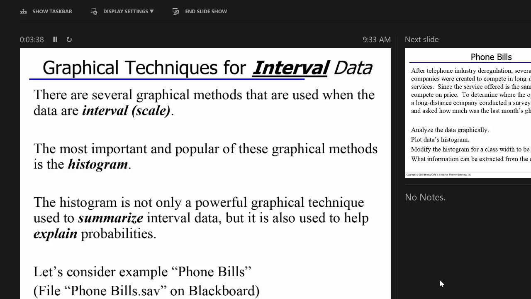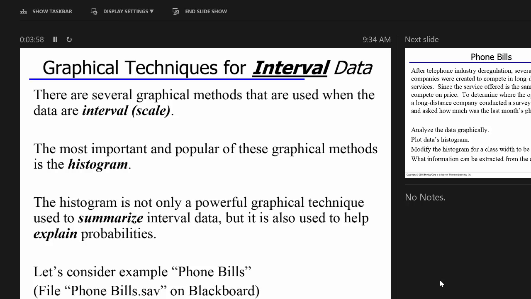So creating the histogram is dumbing the data down a little so that we can create bins or categories, and then we plot the bar chart just the same as we did for nominal and ordinal data.